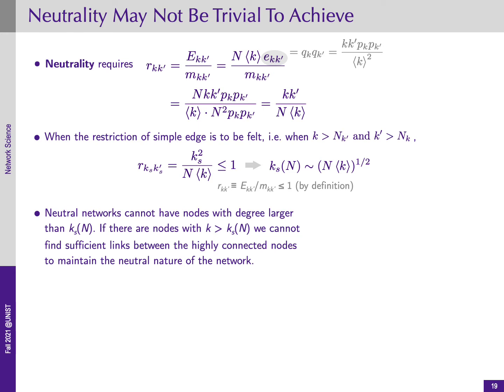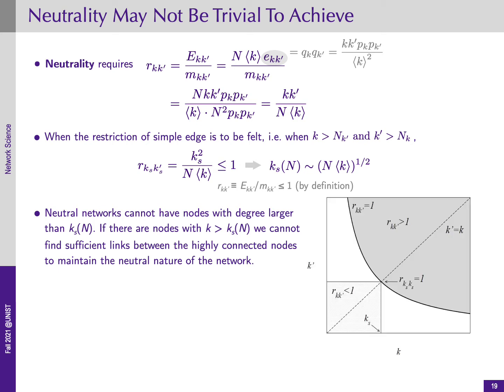So network neutrality is not trivial in the sense that the neutral network cannot have nodes with degree larger than Ks, which depends on the total number of nodes. Okay, so if there are nodes with degree K larger than Ks, we cannot find sufficient links between the highly connected hubs. That is exactly the situation we have seen in the previous slide, right?